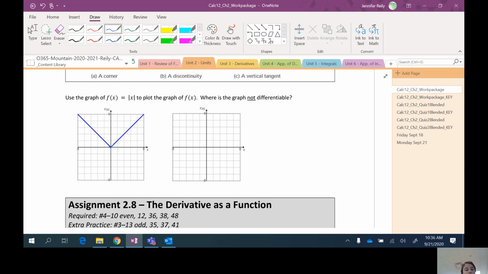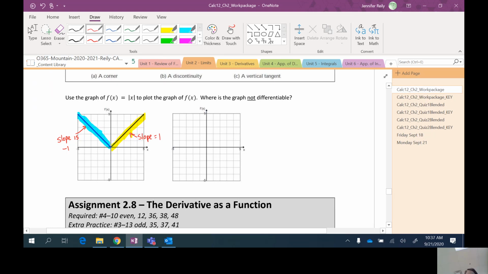But it does have a slope for x values less than 0. The slope here is actually -1. So it's a constant slope. And then the slope of the line for x greater than 0 is 1.